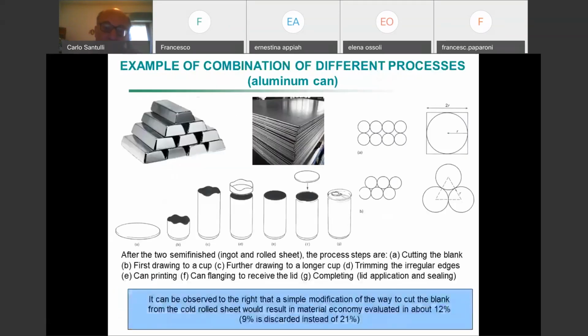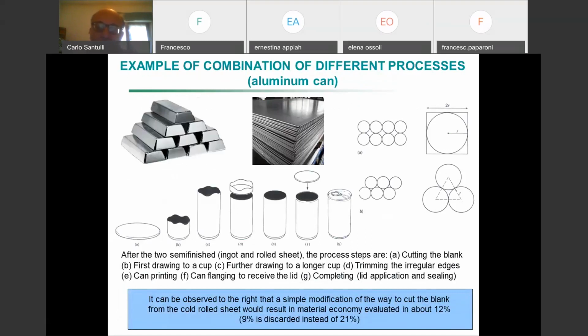Having discussed these first few things, it's important to come back to the point I was making a few minutes ago, about the fact that we can combine a number of processes, even in a very simple object, say an aluminum can, a Coca-Cola can or whatever, which is a very simple object, a few cents object.